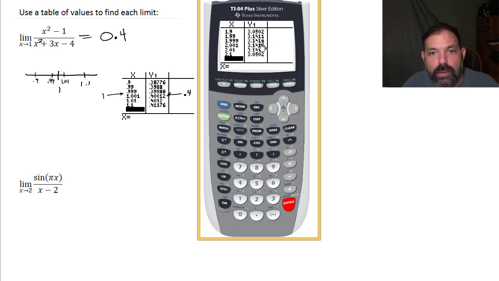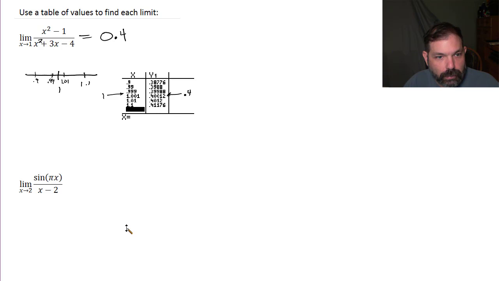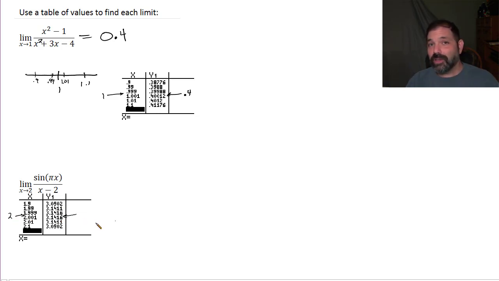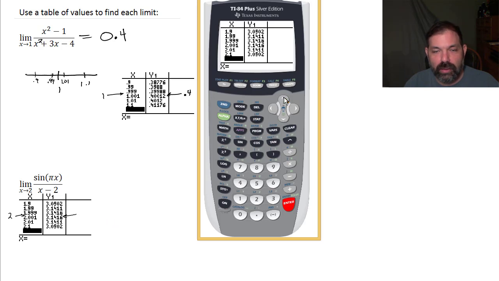All right, let's look at this information. My inputs are getting close to 2. My outputs are getting close to 3.1416. Now, hopefully you recognize that number. One thing to be aware of is that if you move your cursor over that value, it shows more decimal places.